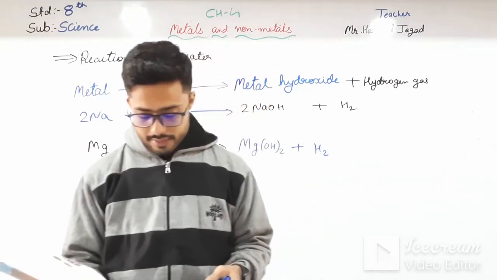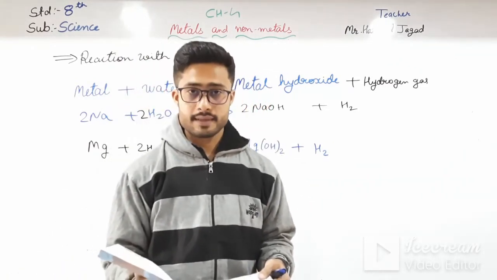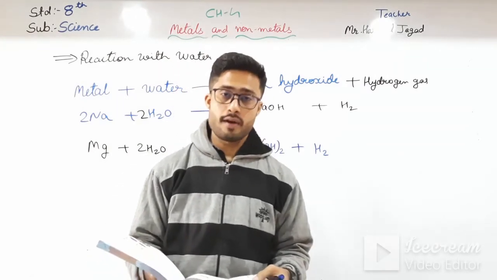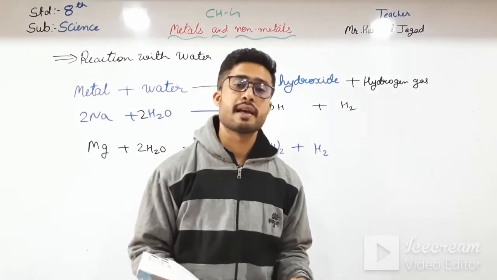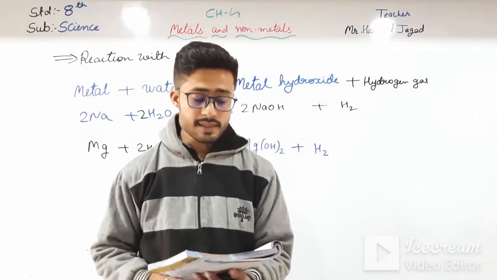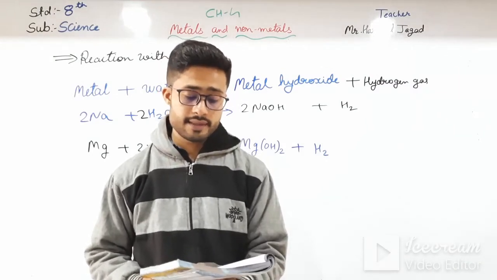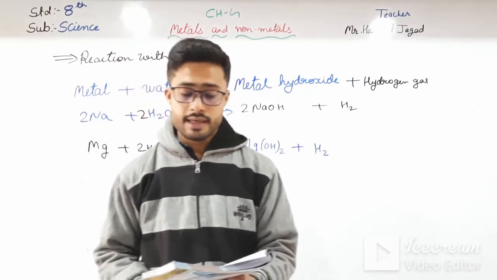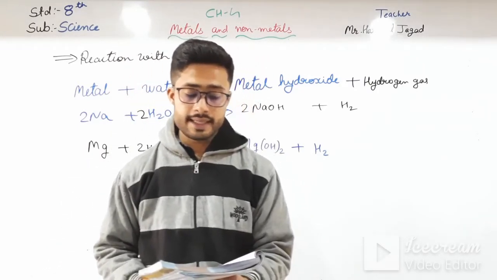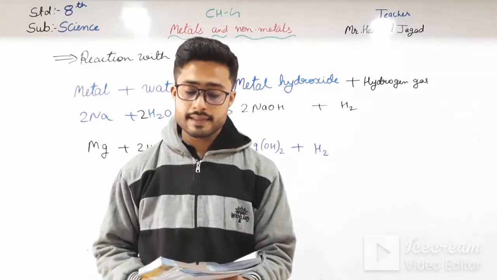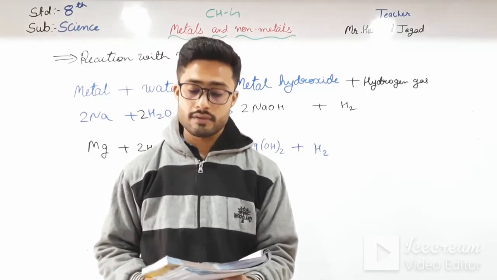Metal plus water gives metal hydroxide plus hydrogen gas. And next is sodium. Sodium reacts vigorously with cold water to form sodium hydroxide and hydrogen. A large amount of heat is released in this reaction, as a result of which hydrogen gas catches fire.